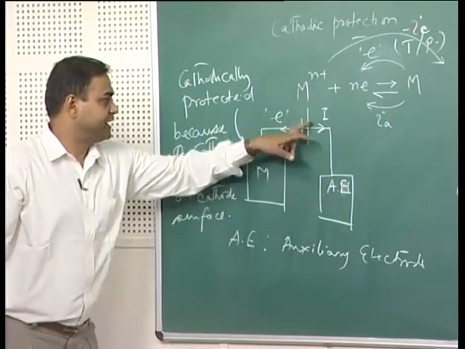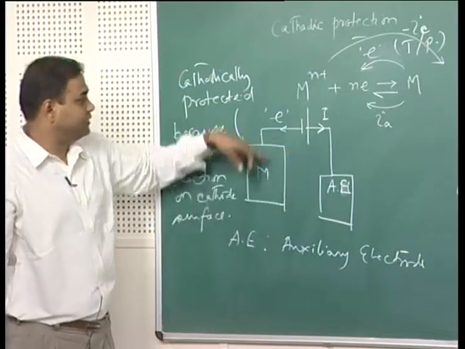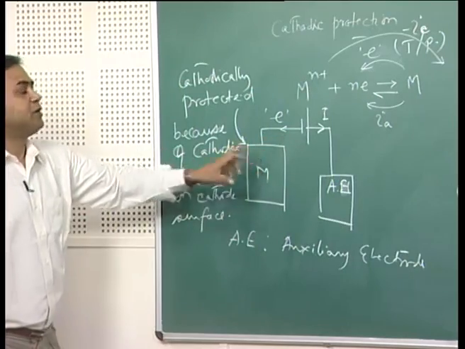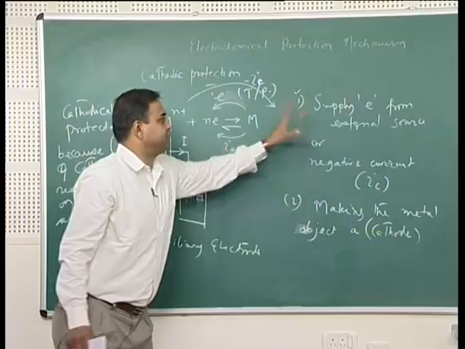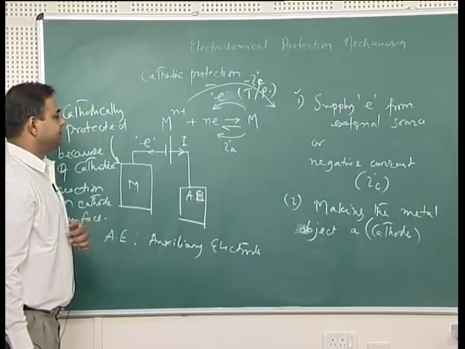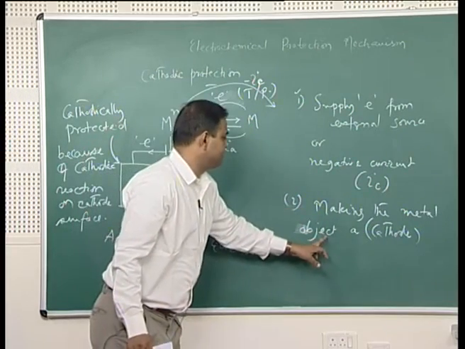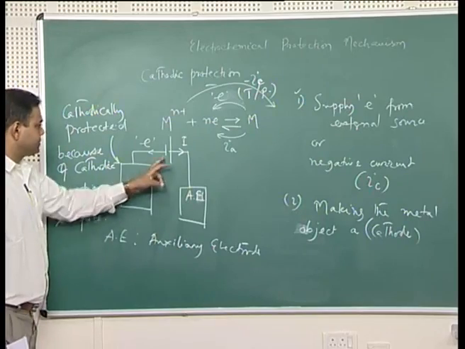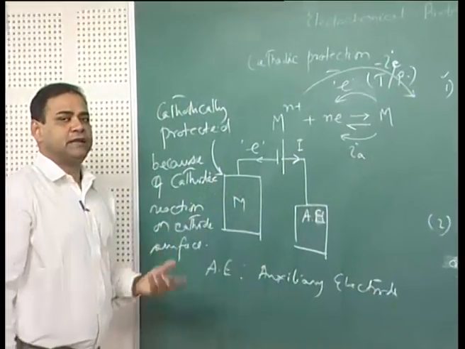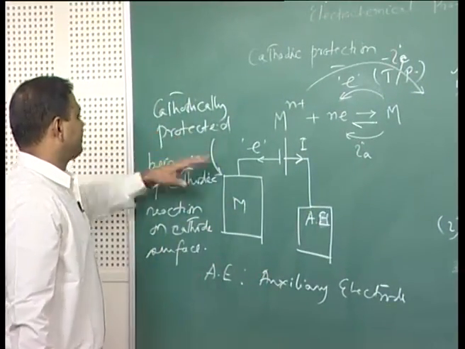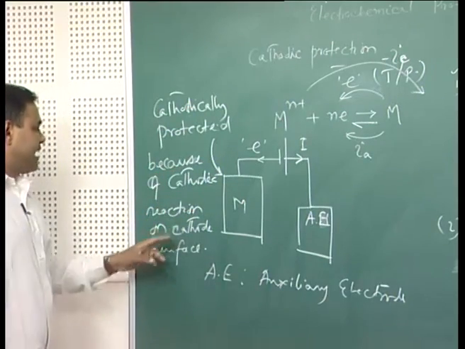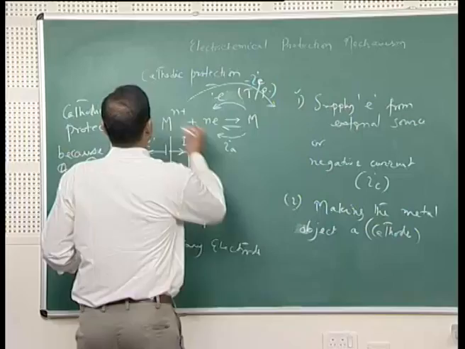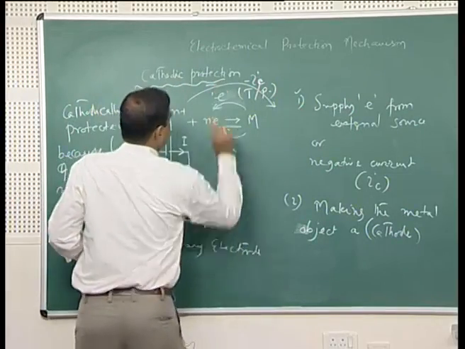So, we are supplying electrons to the metallic object. The first thing is done. The second thing is making the metal object a cathode. Since we have connected this metal object to the negative terminal, we have made it a cathode. So, it is cathodically protected because of cathodic reactions on the cathode surface. This is nothing but cathodic protection.